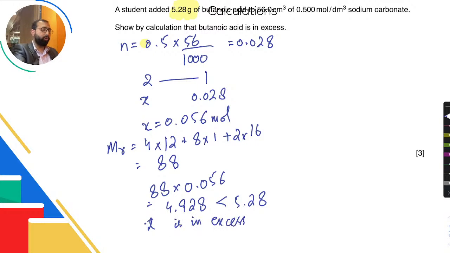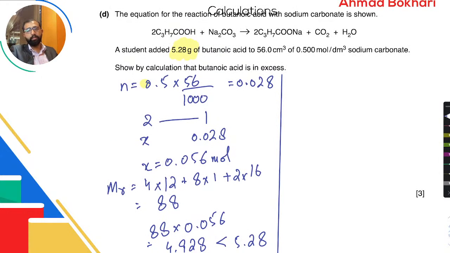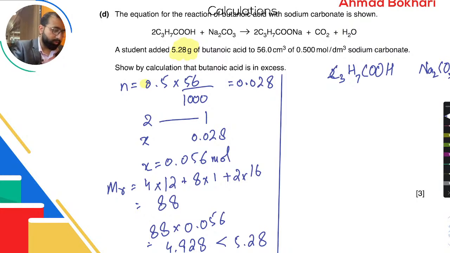And let's suppose you don't want to use this. You want to use ratios. So how would you do it? Now, because one of these is a solution, you have to find the number of moles. In solutions, you can only compare number of moles. So we already have that, so I'll reuse that. I have C3H7COOH on one side and sodium carbonate on the other side. Now let's look at the moles. 2 moles of this reacts with 1 mole of that. What is the mass of 2 moles? It is 2 times 88.